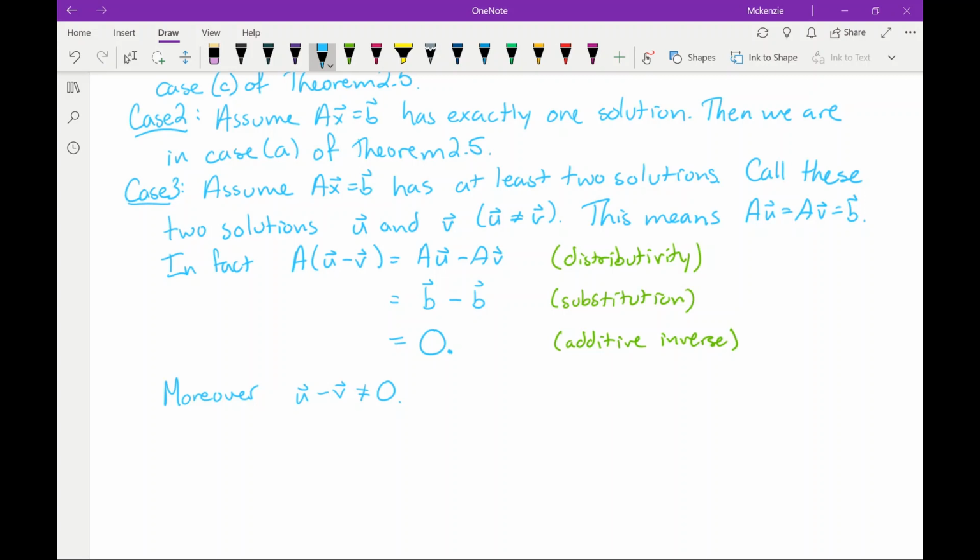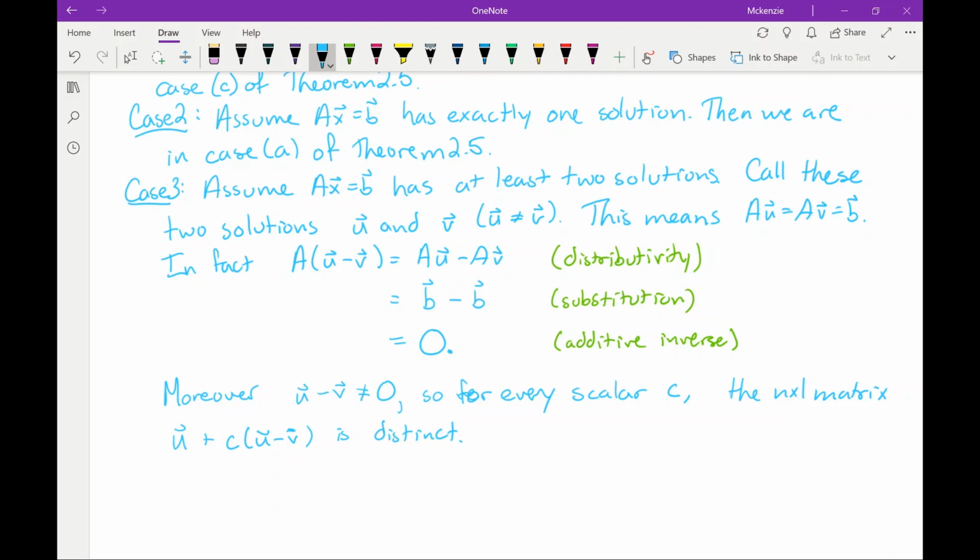Right? So now, for every scalar c, the n by 1 matrix u plus c times (u minus v) is distinct.